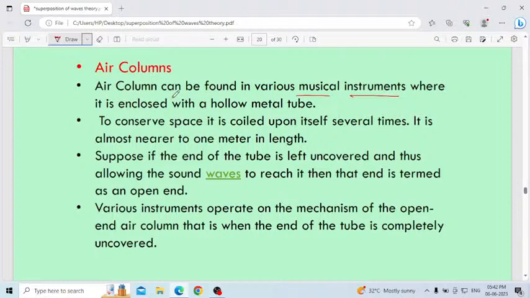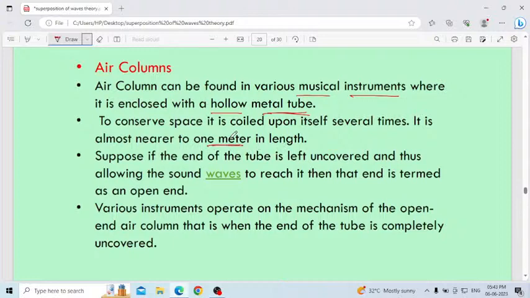Air column can be found in various musical instruments where it is enclosed with a hollow metal tube. Hollow, it contains air inside. To conserve space, it is coiled upon itself several times. It is almost nearer to 1 meter in length.